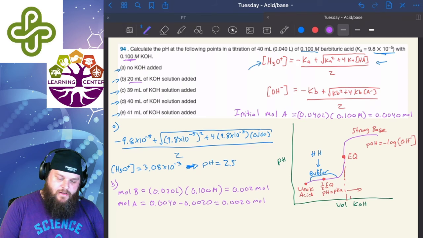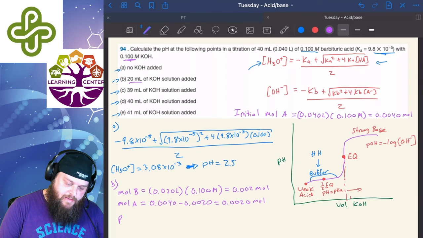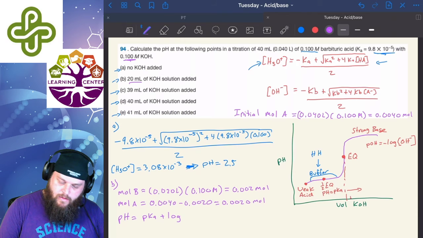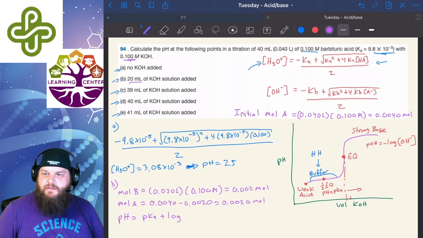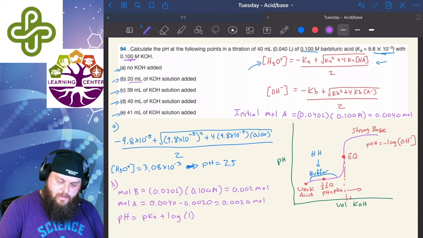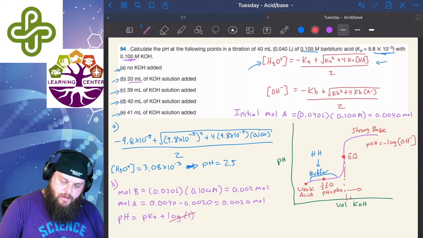And we can plug that into the Henderson-Hasselbalch to find the pH, which is equal to the pKa plus the log of, well, it'll be 0.002 divided by 0.002, so that's just going to be 1, and then the log of 1 is equal to 0.